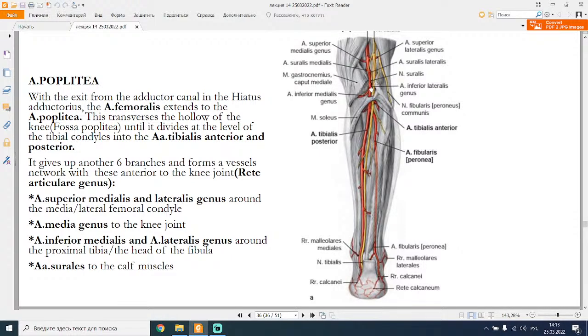This traverses the whole of the knee fossa poplitea until it divides at the level of the tibial condyles into arteria tibialis anterior and arteria tibialis posterior. It gives off another 6 branches and forms a vessel network anterior to the knee joint, the rete articulare genus.